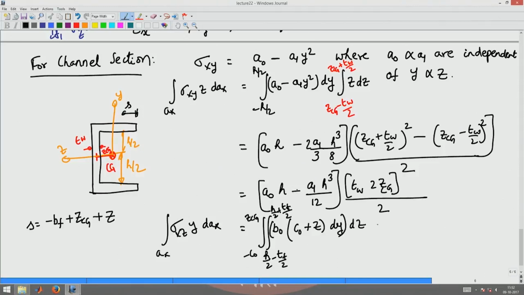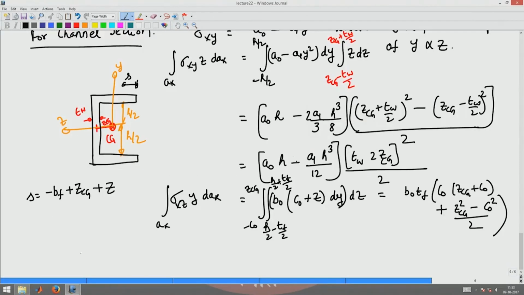So, if I do this computation, what I will get is B naught into Tf into C naught into ZCG plus C naught plus Z square by 2, which will be ZCG square minus C naught square by 2, will be sigma xz into y.